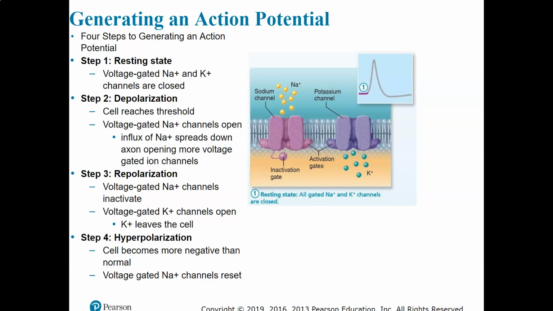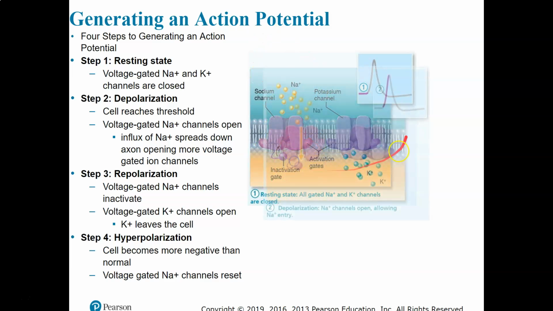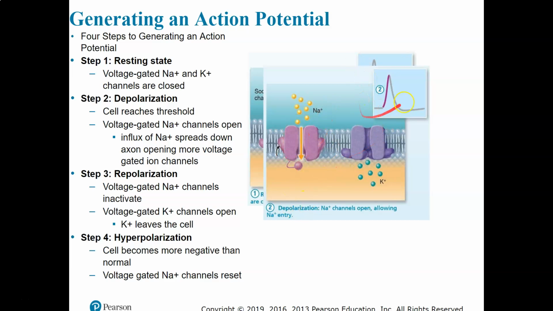The opening of the voltage-gated sodium channels causes an influx of sodium. So the sodium is going to move into the cell, and it is going to make the cell less negative, and that's going to trigger the opening of other voltage-gated sodium channels. And so we're going to have this big depolarization.